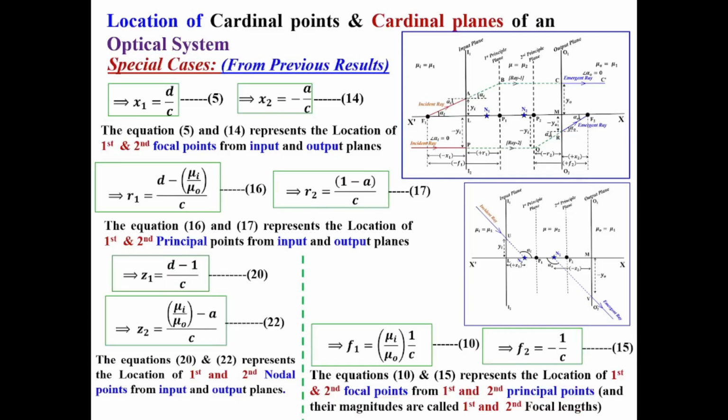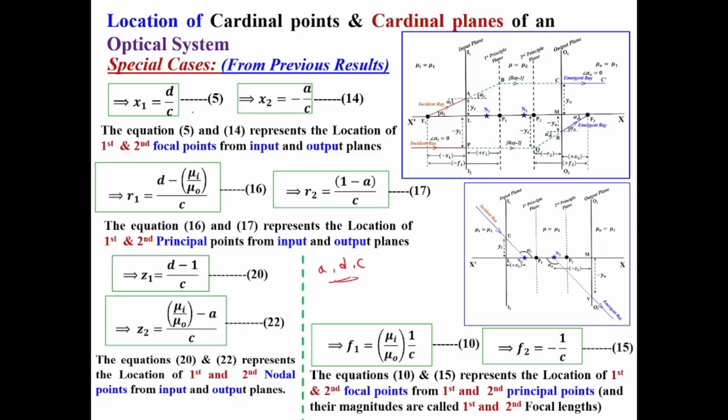Here these values x1, x2, r1, r2, z1, z2, f1, f2 depend upon a, d, c. Here x1 depends upon d and c, x2 depends upon a and c. So these values depend upon a, d, c.